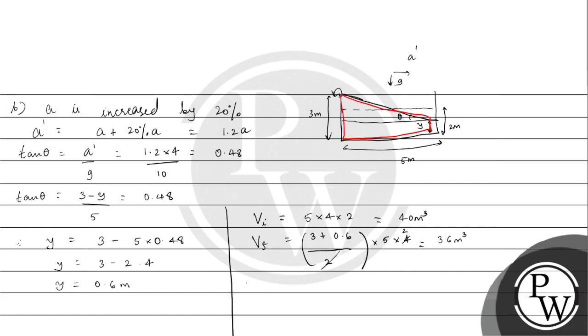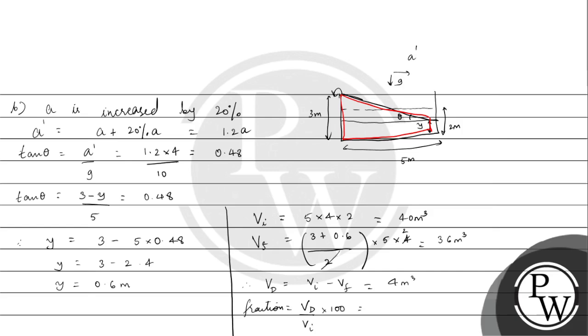So therefore volume difference, which is VD, is initial volume minus final volume, comes out to be 4 meter cube. तो कितना परसेंटेज का fraction, कितना percentage of the water has spilled, that is what they want. So the fraction is the difference divided by the initial volume into 100.